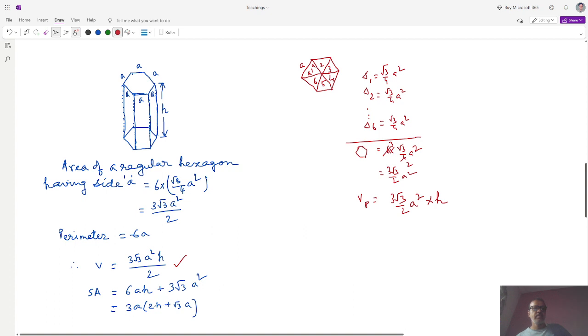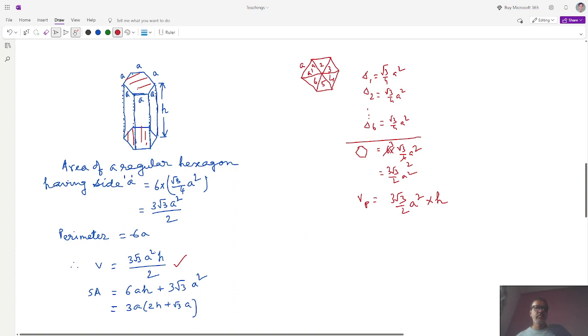Then what will be the surface area of this prism? Surface area is the area of this prism: the base area plus the roof area and the 6 walls area.